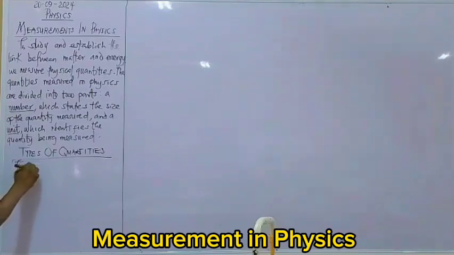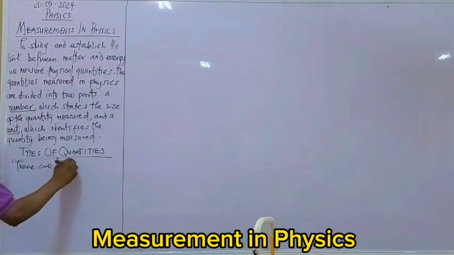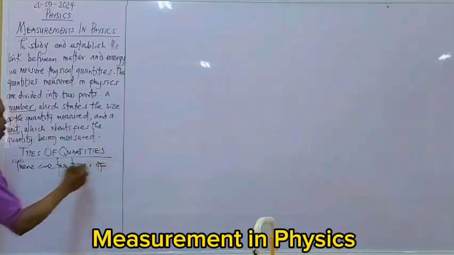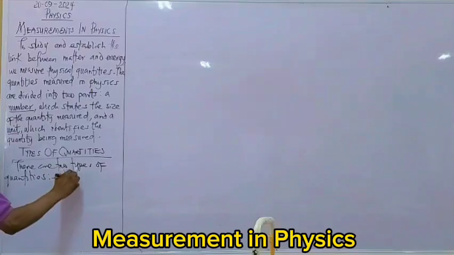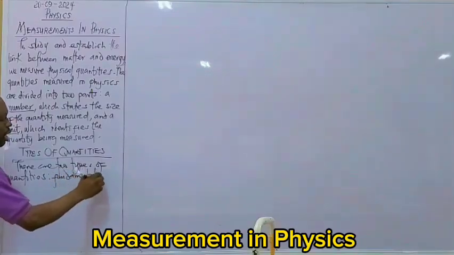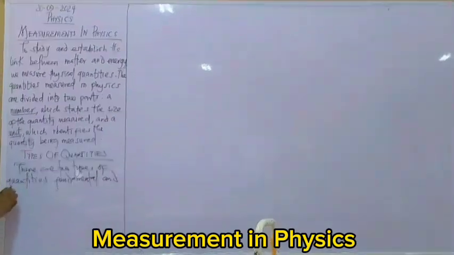There are two types of quantities: fundamental and derived.